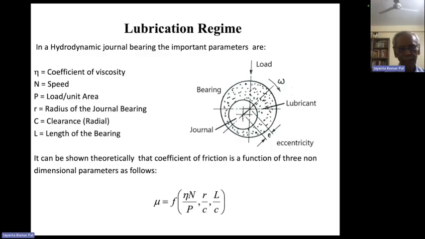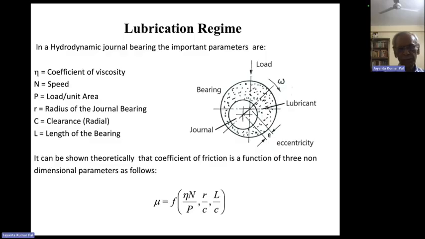And here, the important parameters needed for general bearing operation are: eta, the coefficient of viscosity; N, the speed; p, the load per unit area; small r, the radius of the journal bearing; c, the radial clearance; and L, the length of the bearing.